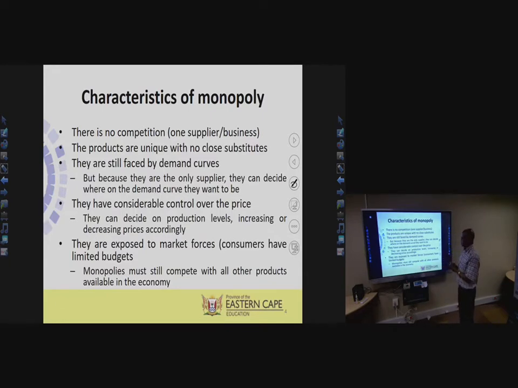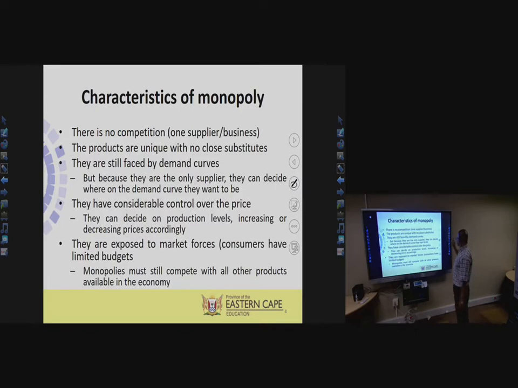They are still faced with the demand curve. I'll show you in the next slide what I mean by that. But because they are the only supplier, they can decide where on the demand curve they want to produce.